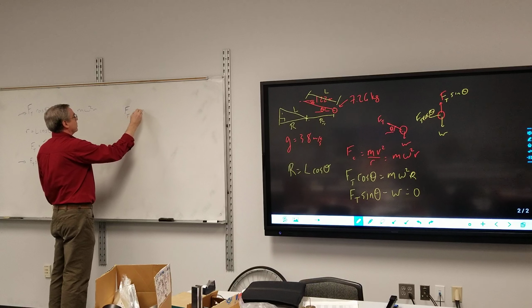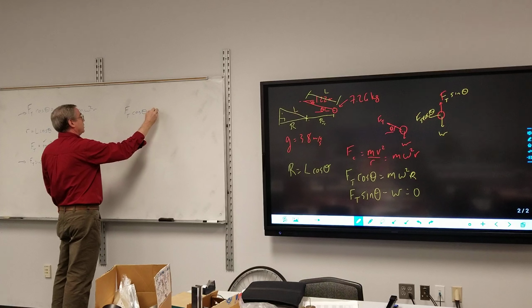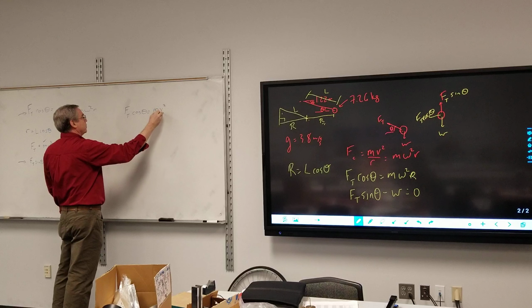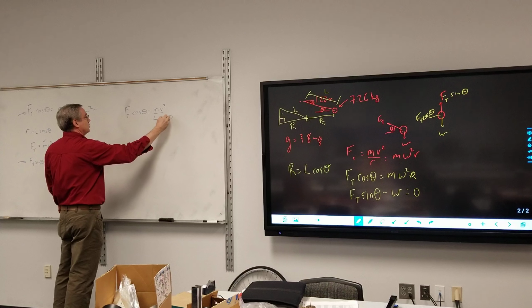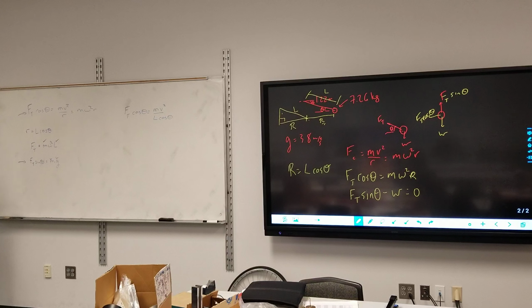So Ft cosine theta is equal to m v squared over L cosine theta. I know m, v, L. I don't know theta or tension.